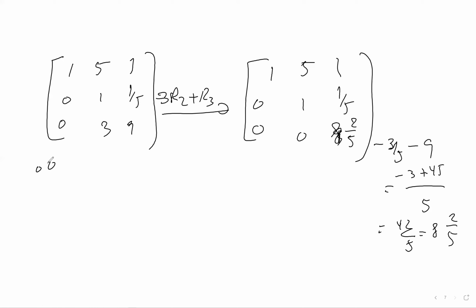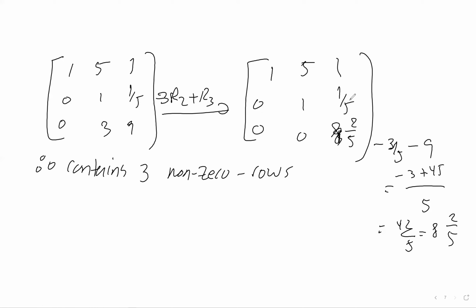We can say in the end, because I don't think you can reduce it anymore, that it contains 3 non-zero rows. Here is non-zero, non-zero, non-zero.